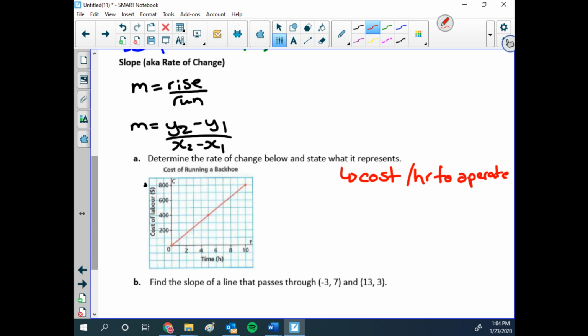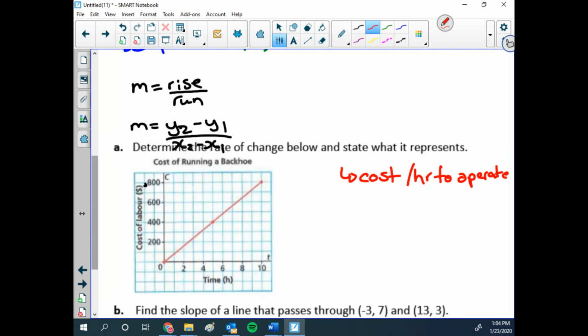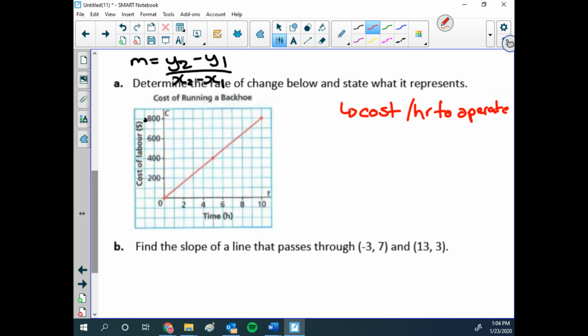Now, if I need to find the slope, I can do this two ways. I could do the rise. So the rise here is how much? What's the rise of that question? Is it 4? Let's see if I can zoom this in. Okay. Anybody? So the rise is how much? 400, right?